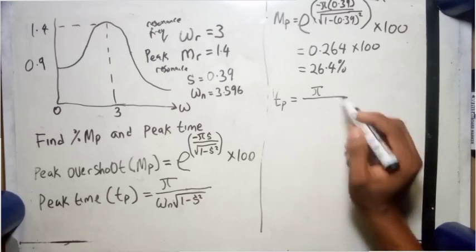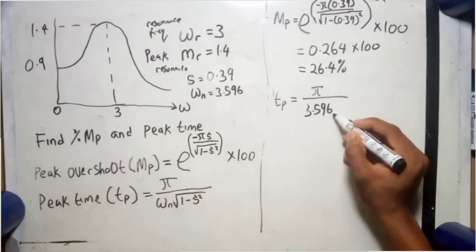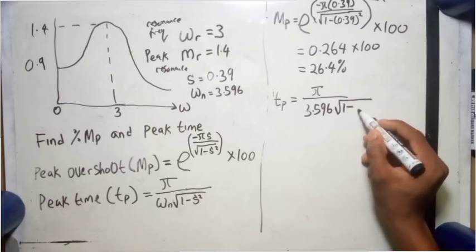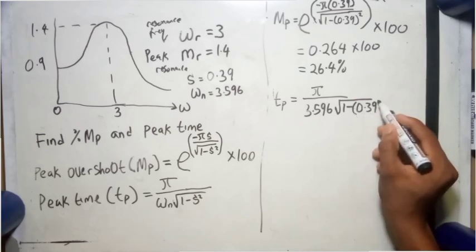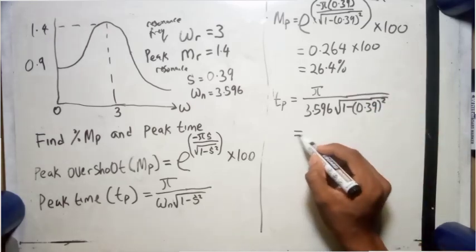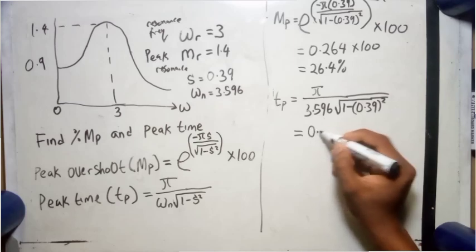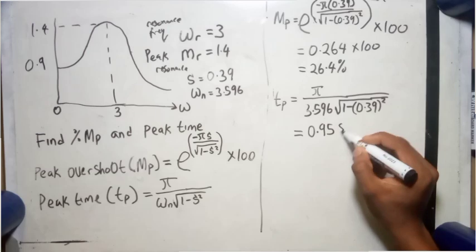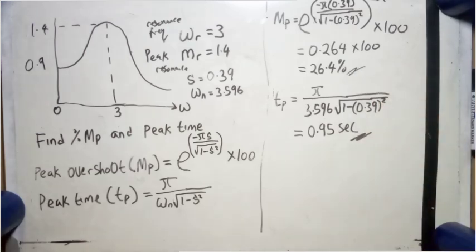Okay, now for your Wn, we have 3.596 multiplied by the square root of 1 minus our zeta 0.39 square. So inputting in the calculator, we have our answer to be 0.95 seconds.